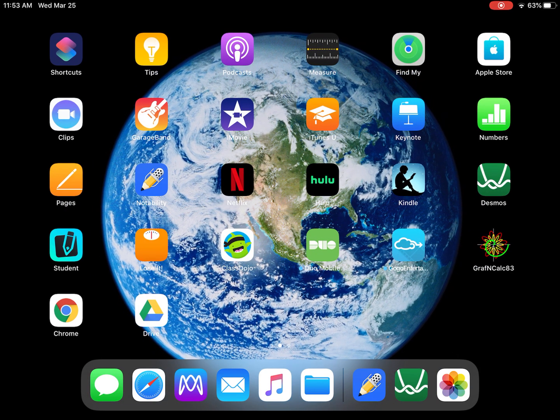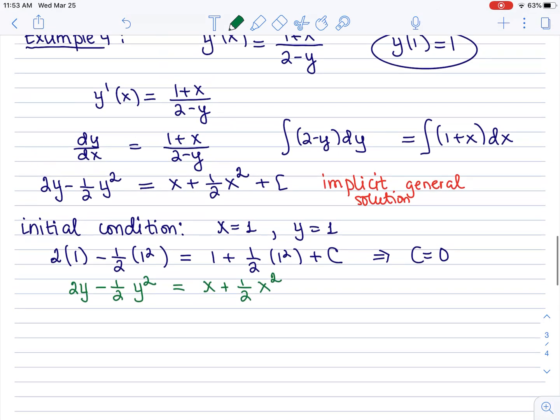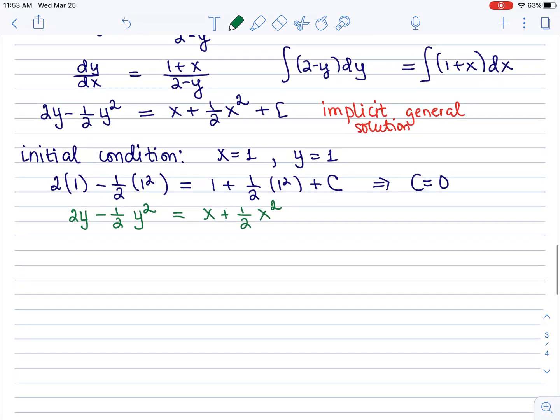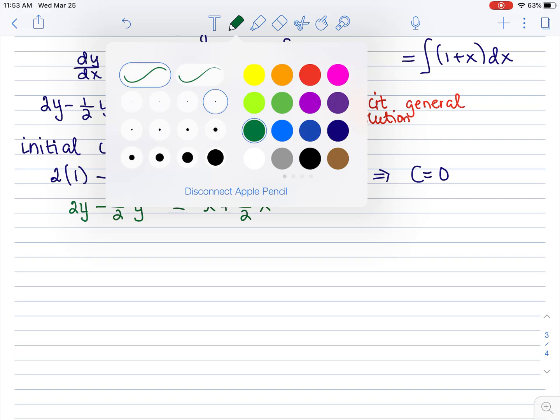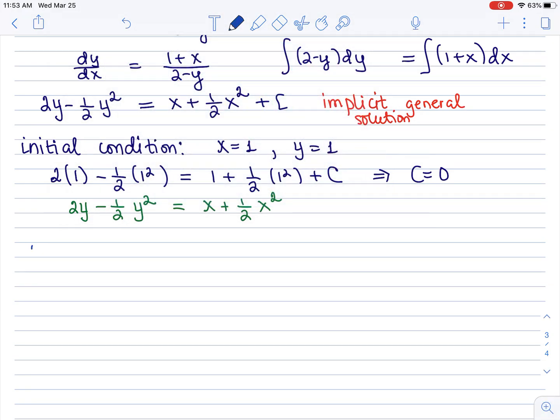So we need to go back here and take a careful look at the original equation. What does it say? It says that y prime is equal to 1 plus x over 2 minus y.